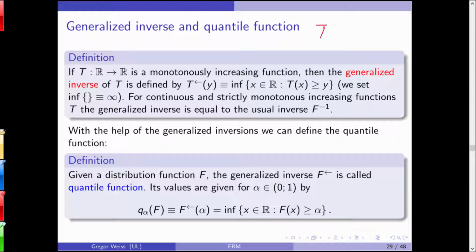This is why you take F, the distribution function, and you put a -1 in the power, and it's the inverse. However, if you look at special cases like a discrete random variable or other cases, you might have cases in which the inverse function does not exist, theoretically. And then you need the so-called generalized inverse, which in many cases coincides with the usual inverse. And then you get the quantile function, that is Q, the generalized inverse of the distribution function.